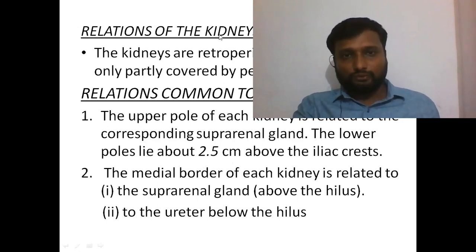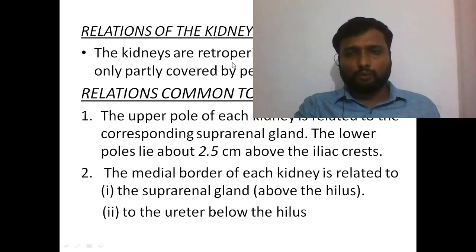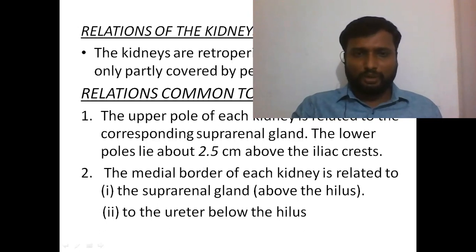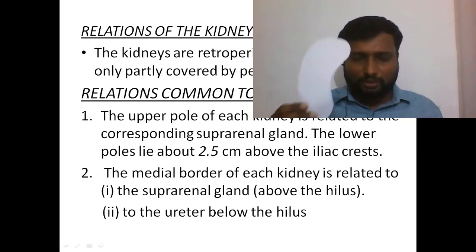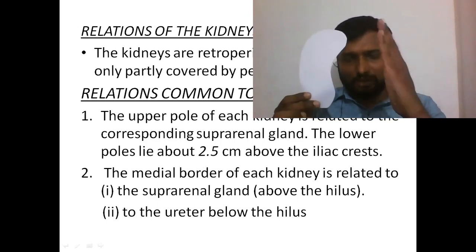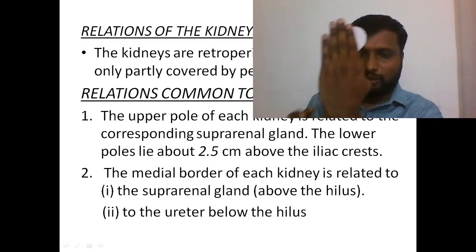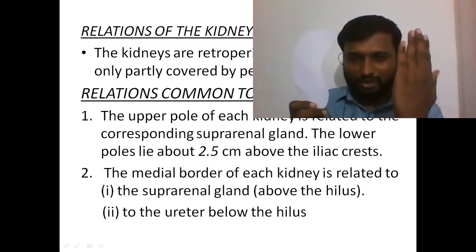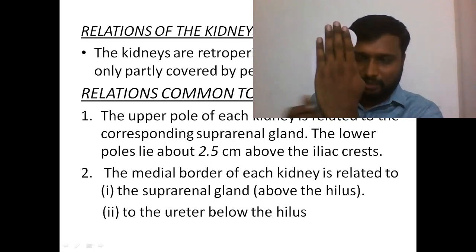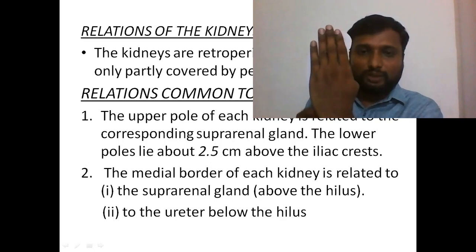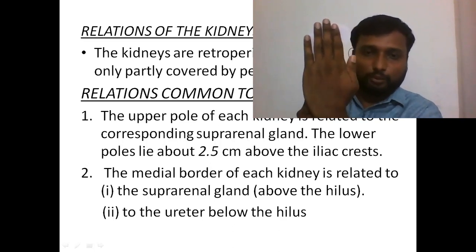Now, relations of the kidney. The first point: it's a retroperitoneal organ. What is meant by that? It is seen behind the peritoneum. Imagine this is my right side kidney and this left hand is the peritoneum. The peritoneum is an almost transparent structure, so even though the kidney is covered with this peritoneum, we can see it.